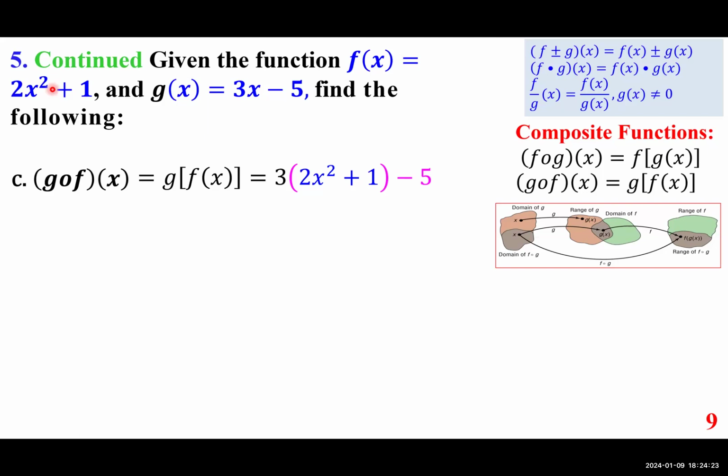You can even put f here, 3 times f minus 5, and replace the f. So this is 6x squared plus 3, positive 3, negative 5. They add up to negative 2, and we are done.